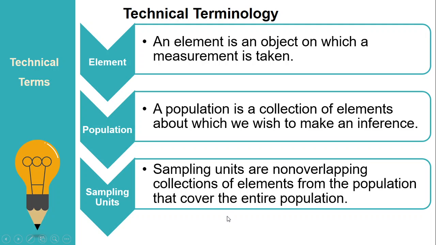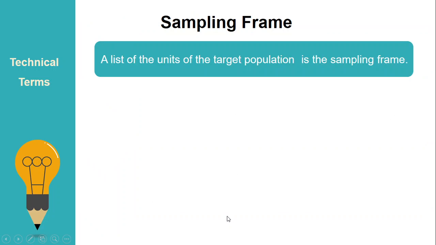The sampling units are non-overlapping collections of elements from the population that cover the entire population. As for the sample frame, in easy words, the sample frame is a list of the units of the target population.